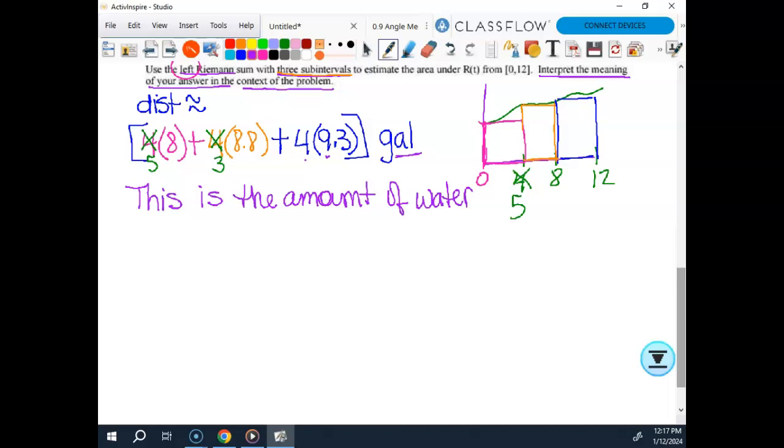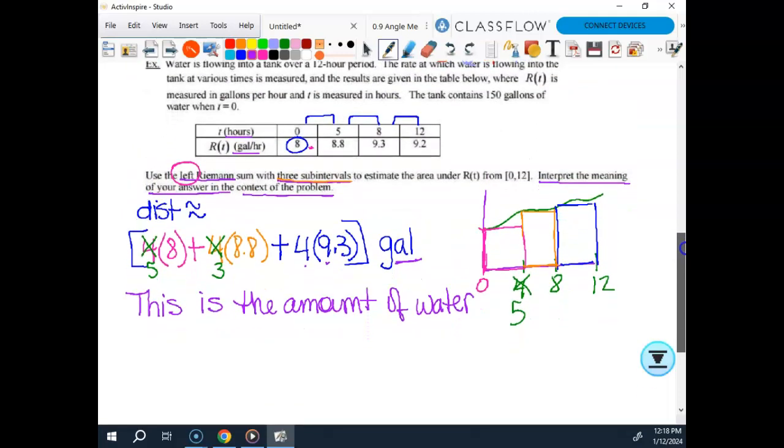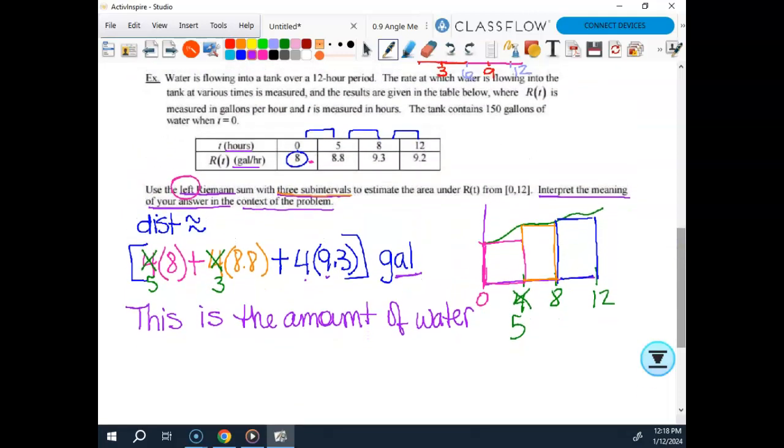Now, is this the amount of water at any given time, like instantaneous rate of change? Did this tell us that? What is this water? Is it at a specific time or what? What was our interval? We went from 0 to 12. So it's all of this, right?